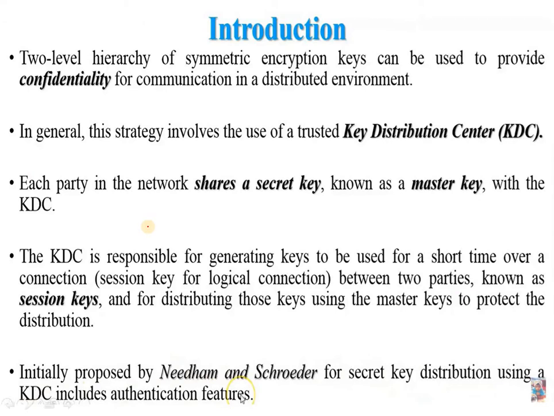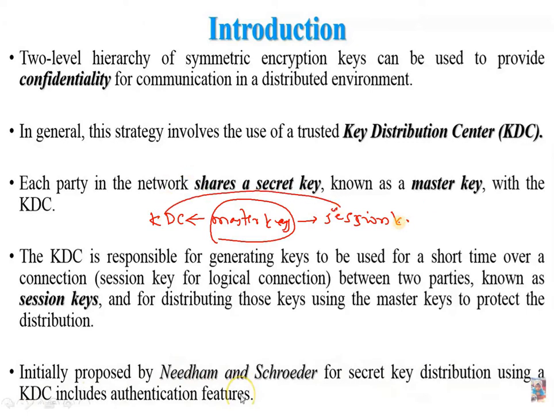The KDC has all the master keys of the clients. Using the master key of a client, it will send the session key. The KDC generates the session key, and this session key is encrypted using the master keys of the users.